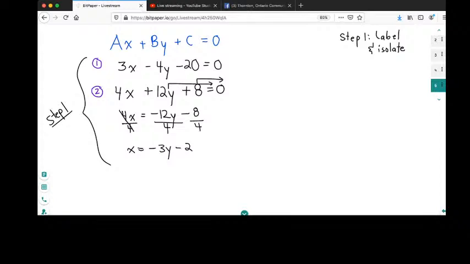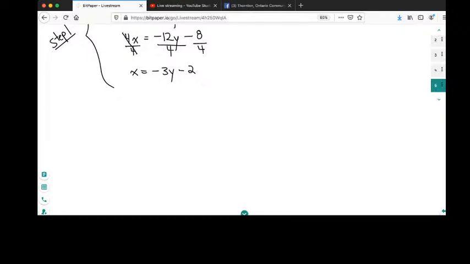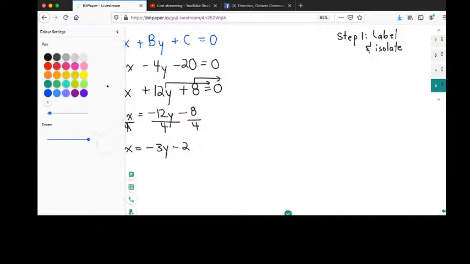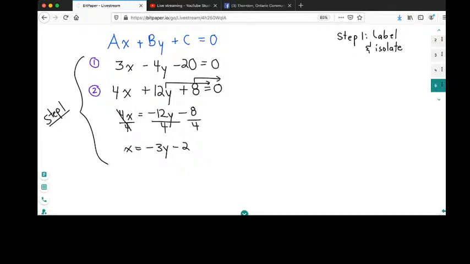If you recall from earlier, step 2, actually, let's do step 2 underneath. Step 2, all you have to do is take this newfound information of x isolated. We've got x equals negative 3y minus 2, and I'm just going to plug that in.